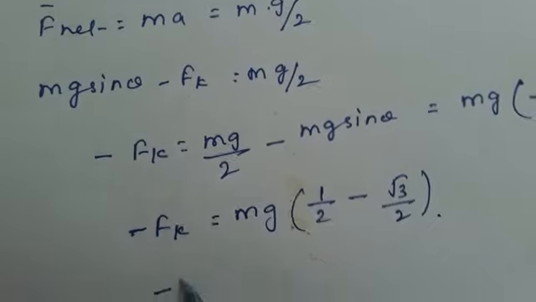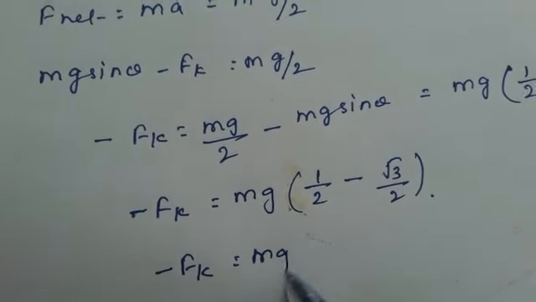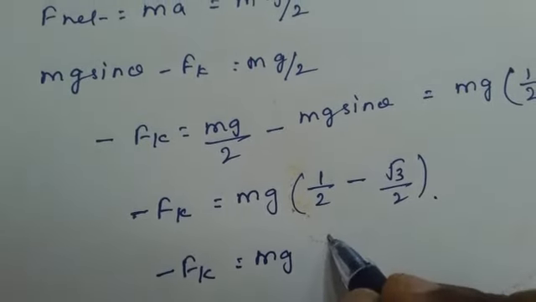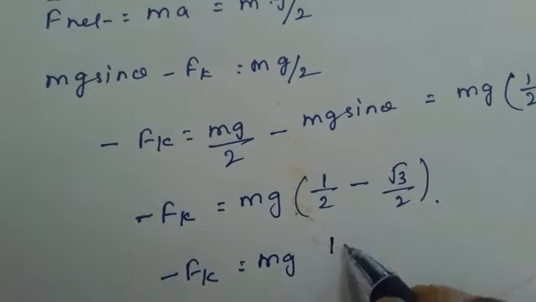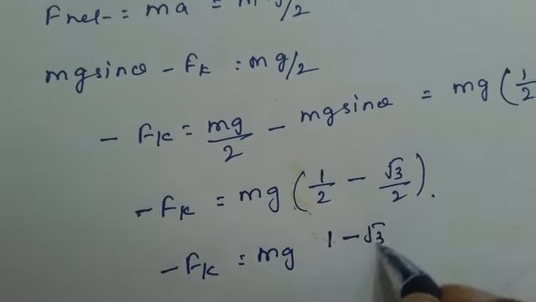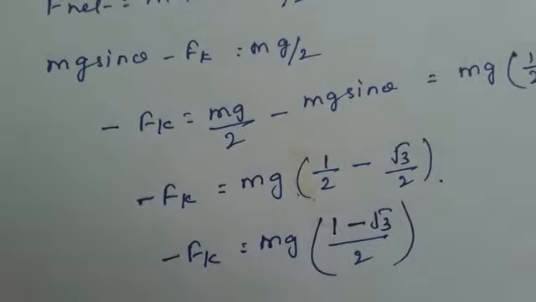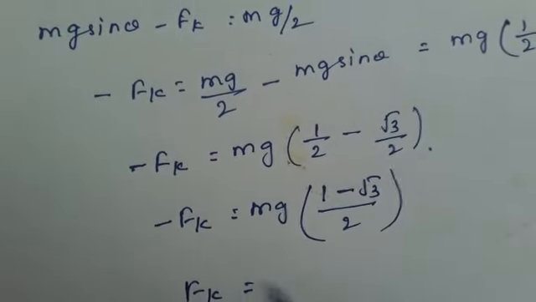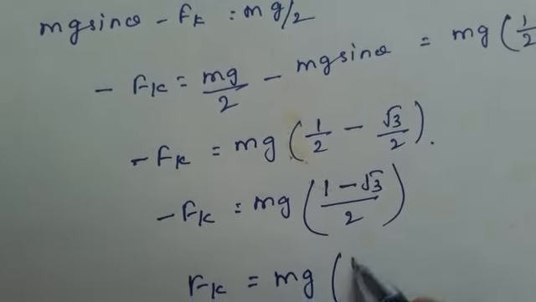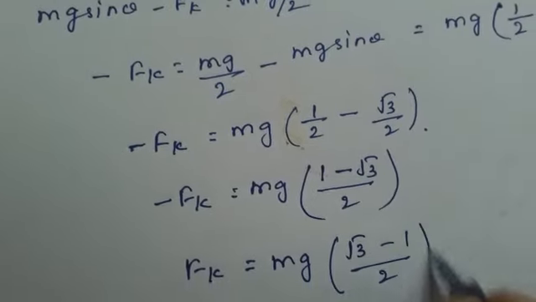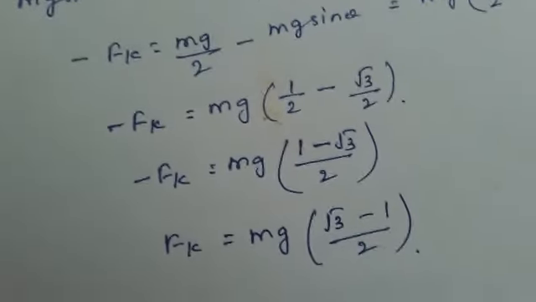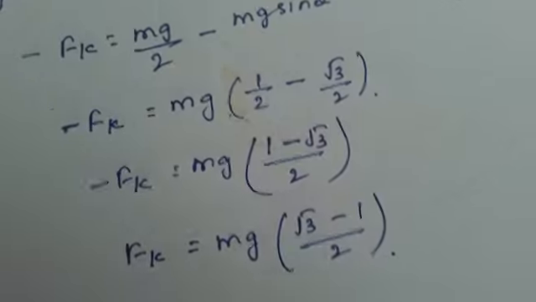This can be written as minus Fk is equal to mg into 1 minus root 3 by 2. So if you write it for Fk, Fk is equal to mg into root 3 minus 1 by 2, if you are multiplying the minus sign. Okay. Now this is the frictional force.